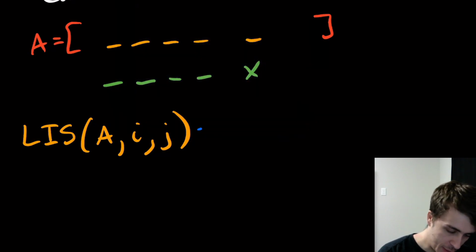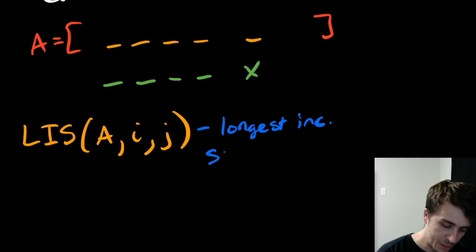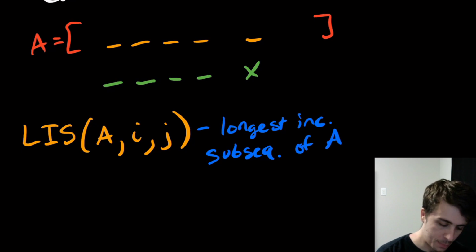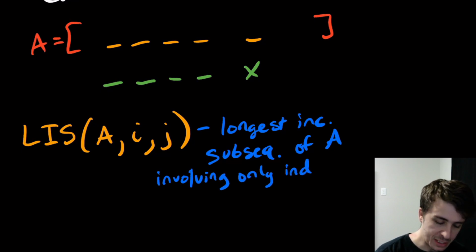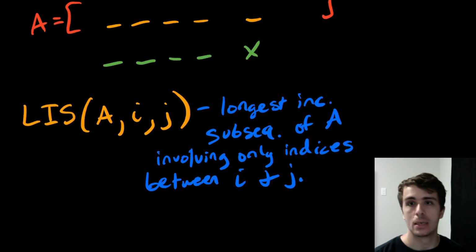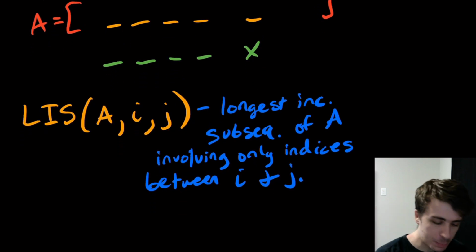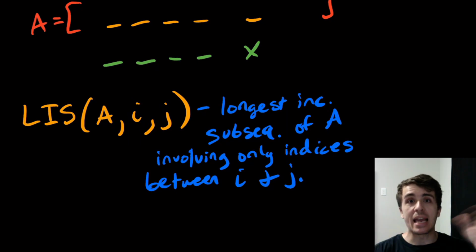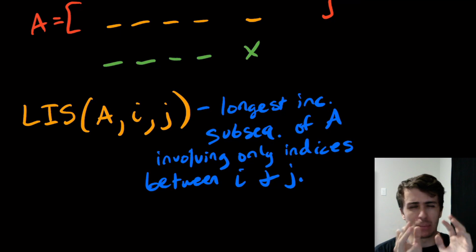So I'm going to define this to be the longest increasing subsequence of A involving only indices between i and j. So it can't expand outside of the i and j sub-range.